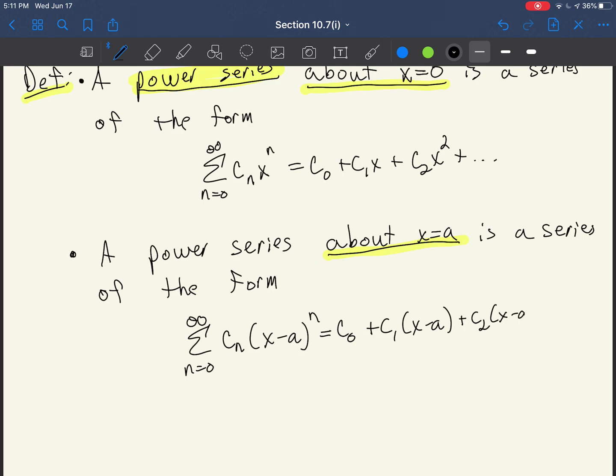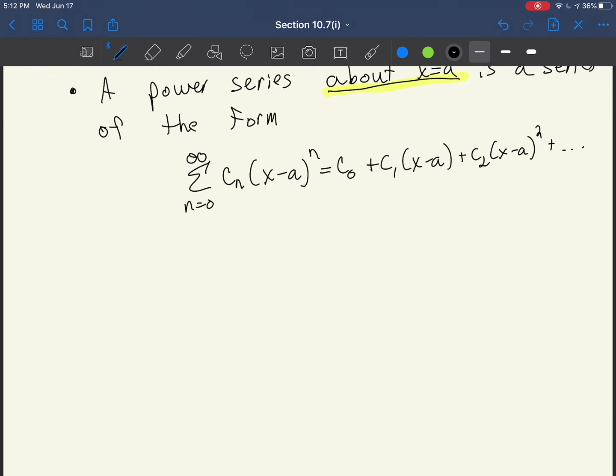So that is C0 plus C1 (x minus a) plus C2 (x minus a) squared plus ... And notice this power series about x equals 0 is really x minus 0, so it's just a special form of a power series about x equals a.